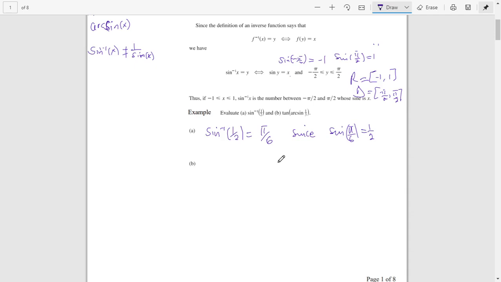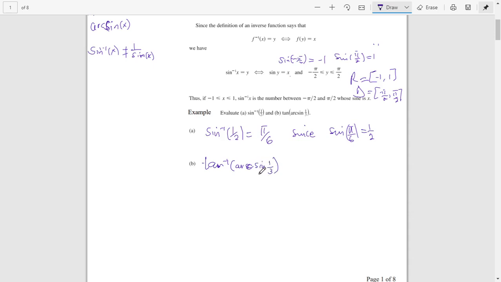Now the next question asks us not just for an arcsine of something, but the tangent of the arcsine. We can always find this. Let's write it down first. Tangent of arcsine of 1/3. You can either write arcsine or inverse sine.